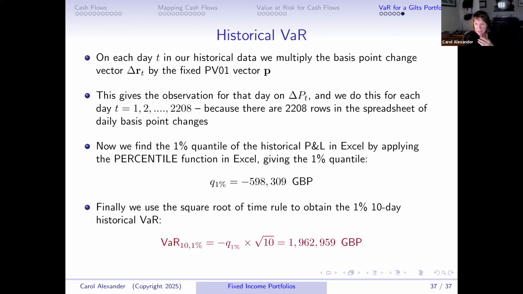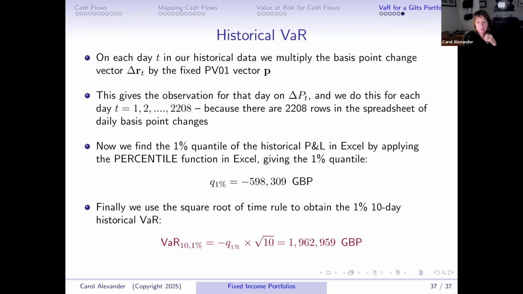We can apply the percentile function because, you know, with historical VaR you do need quite a lot of data, but 2,208 is quite a lot. It gives us relative accuracy. And so with the percentile function, we get the 1% quantile, which is minus 598,309 pounds sterling.